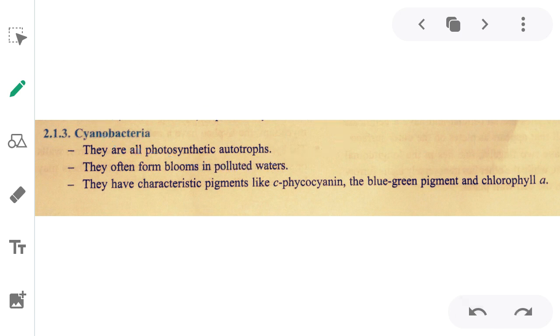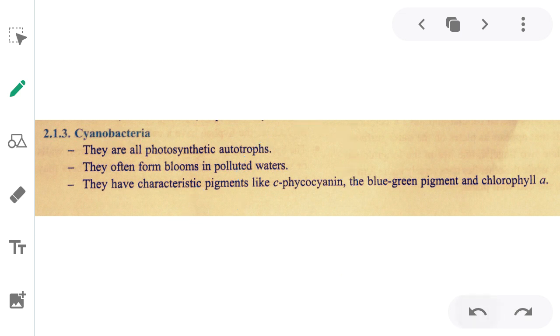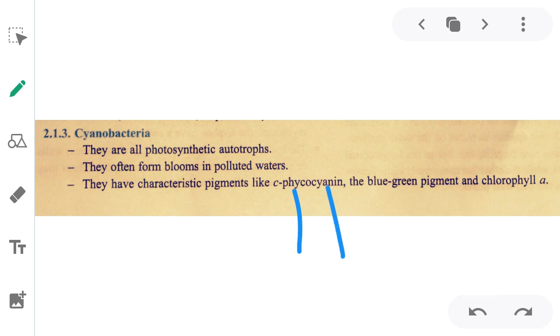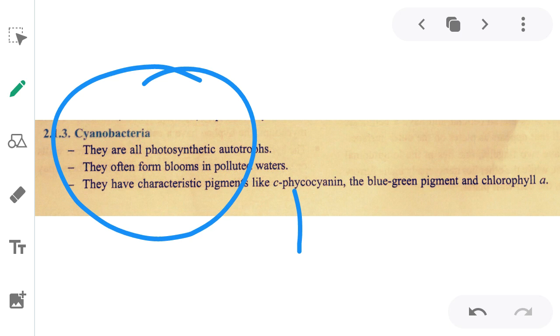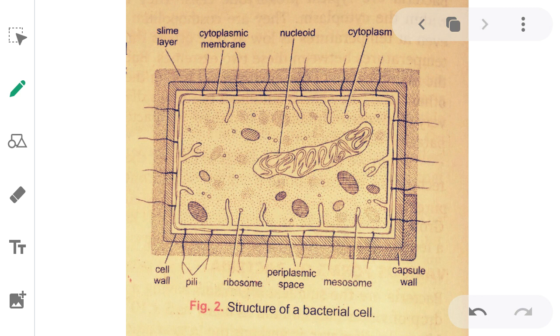They can make their own food. They often form blooms in polluted waters and make them colorful. They have characteristic pigments. Phycocyanin, as I just told you, means a blue colored pigment. Wherever the term phyco comes, phyco means algae. Cyanin is used for the blue color, so the blue-green algae were what we call cyanobacteria, like Nostoc. Okay, so this is the cyanobacteria, and this is the last slide of this video.